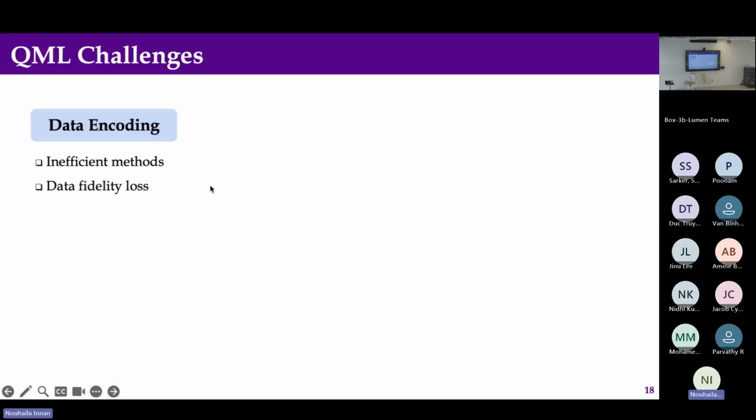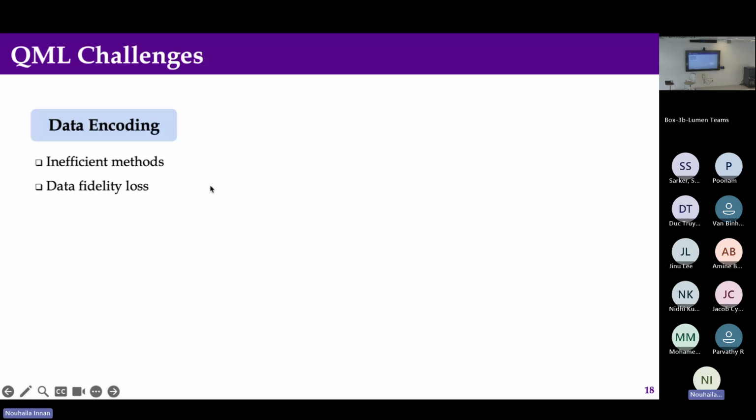So the first part, data encoding. I didn't cover data encoding, but as I mentioned, there are different techniques, but some of them are inefficient. Sometimes they don't capture the same information that you had before. And yes, data fidelity loss, that somehow we don't preserve the same information that we have in classical in the quantum stage.